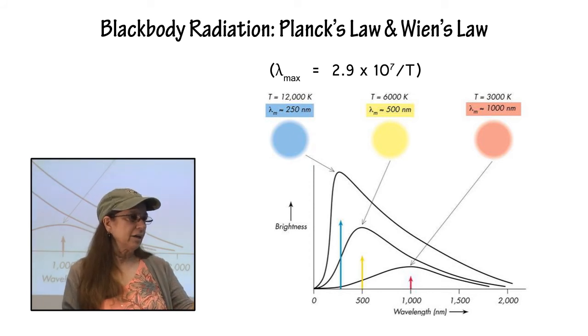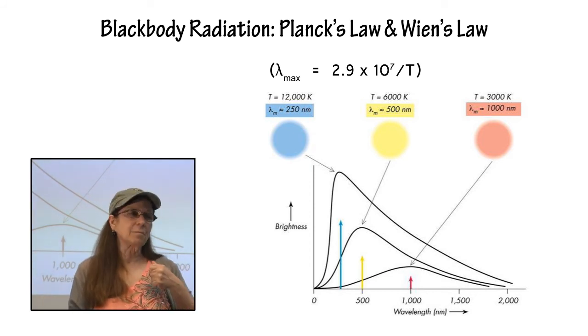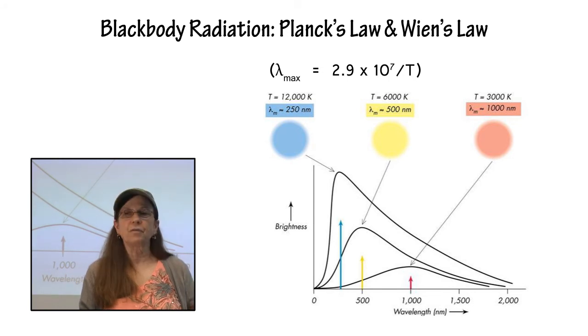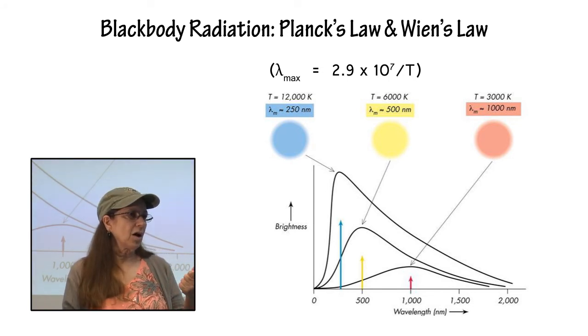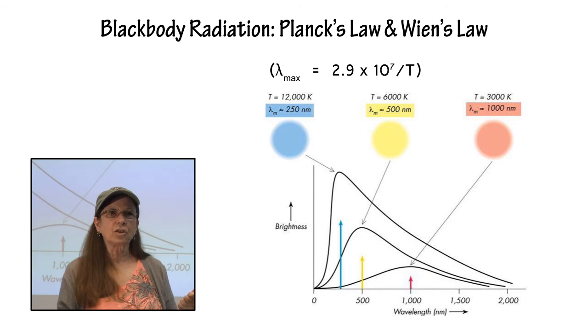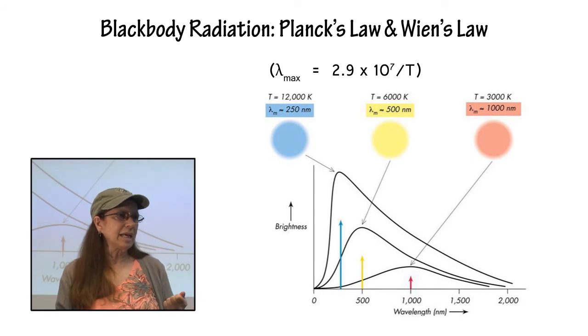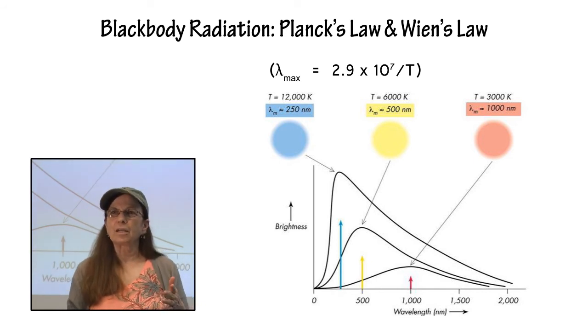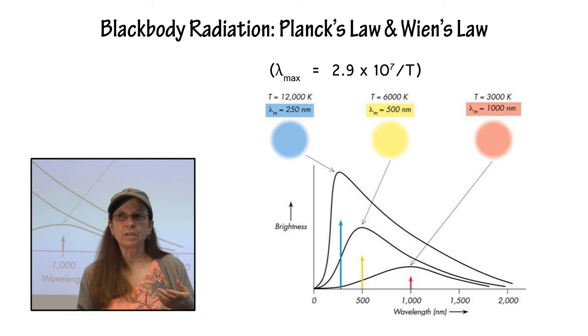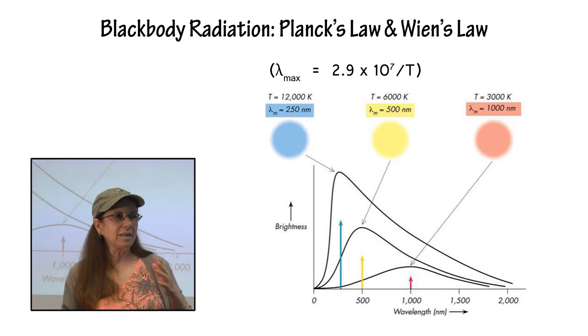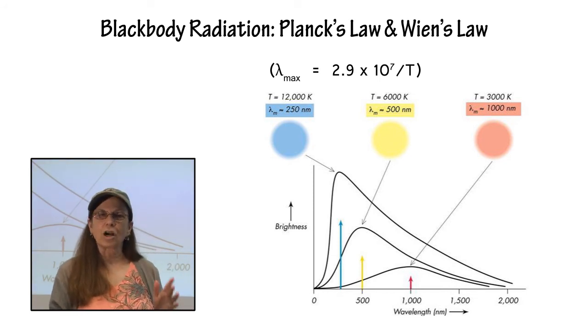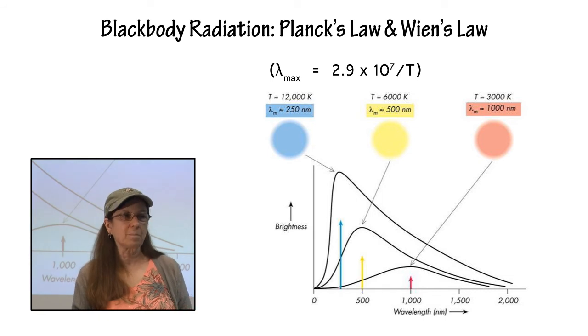The blue star here has a maximum output of 250 nanometers. Well, that falls in the ultraviolet range. The next star, the yellow star, has a maximum output of 500 nanometers. Optical falls between approximately 400 and 700 nanometers, so the peak for that particular star is in the optical part of the spectrum.